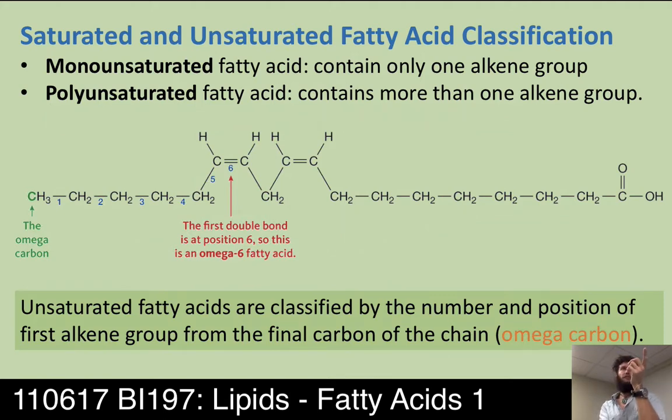Well, because these fatty acids grow along the omega end, or are cleaved along the omega end. We're going to build a fatty acid by growing that chain, and we're going to break it down by shortening that chain from that omega end. So the relationship of the double bond is in relationship to the omega carbon.